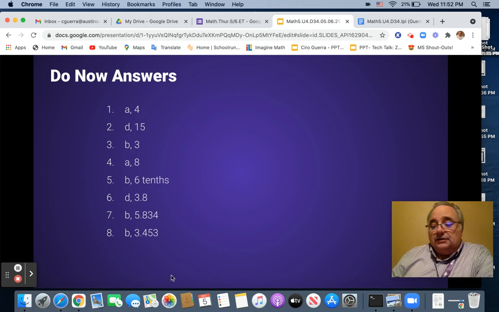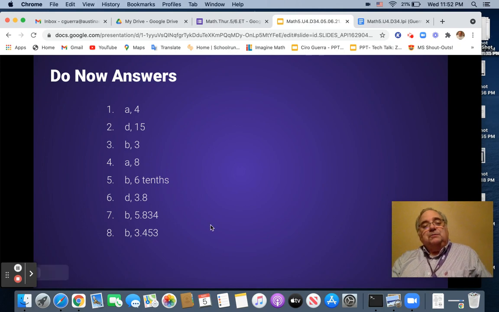We had 4 and 834 thousandths plus 1 equals 5 and 834 thousandths. And the last one we did is a subtraction. We had 3 and 456 thousandths minus 3 thousandths gives us 3 and 453 thousandths. Hope those were fairly easy for you.